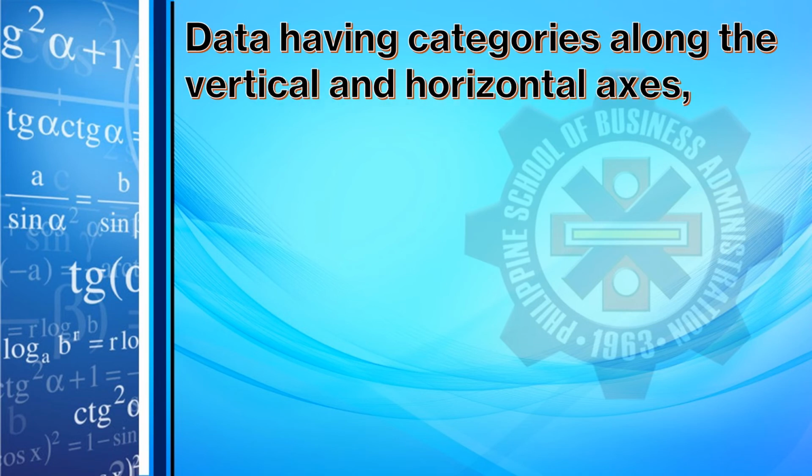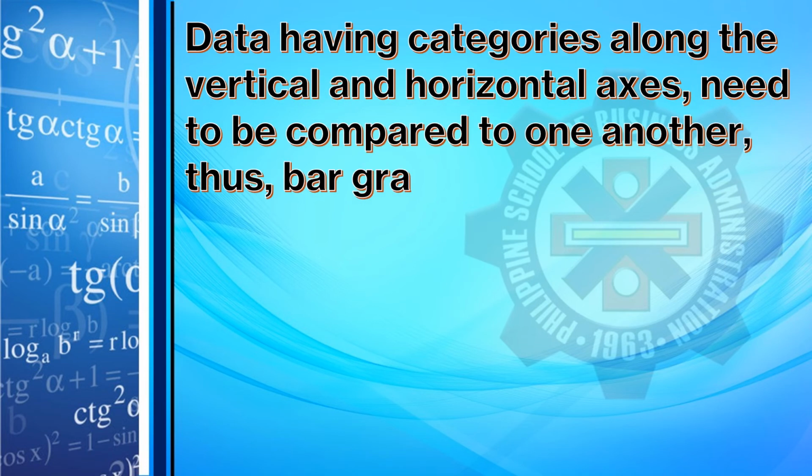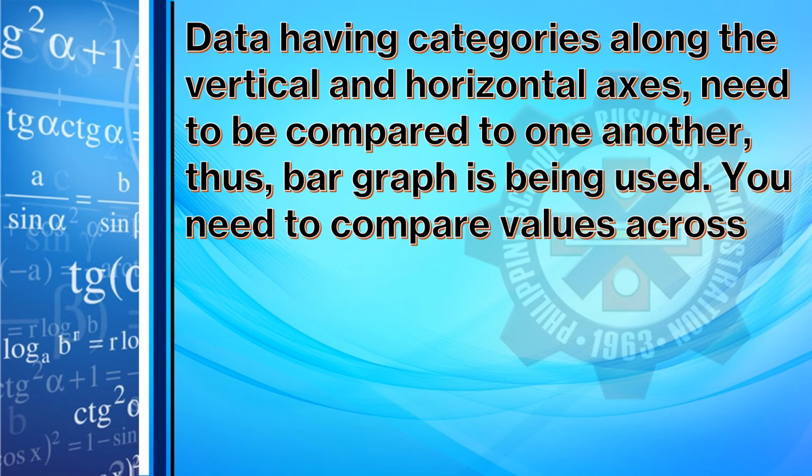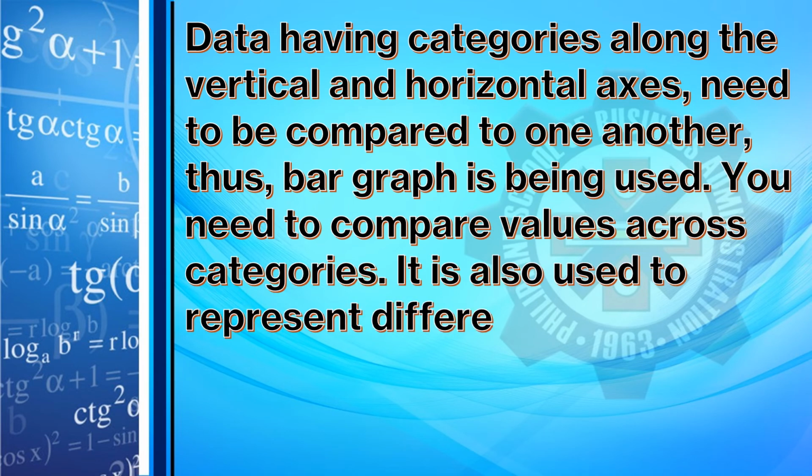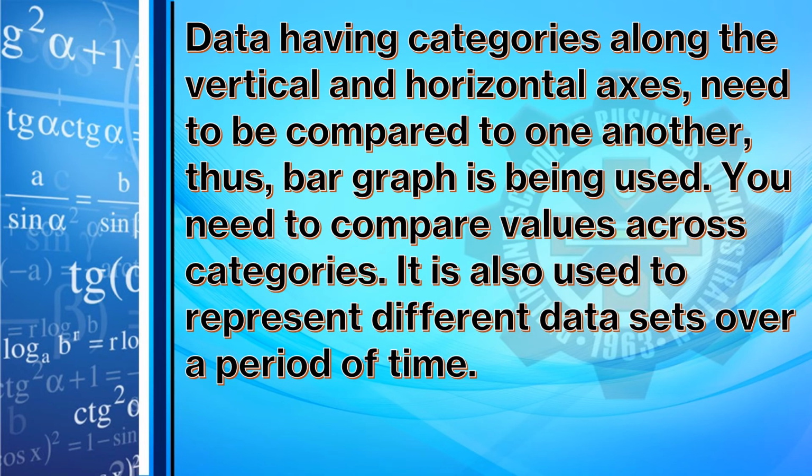Data having categories along the vertical and horizontal axis that need to be compared to one another use a bar graph. You need to compare values across categories. It is also used to represent different data sets over a period of time, similar to a line graph that shows changes from time to time.